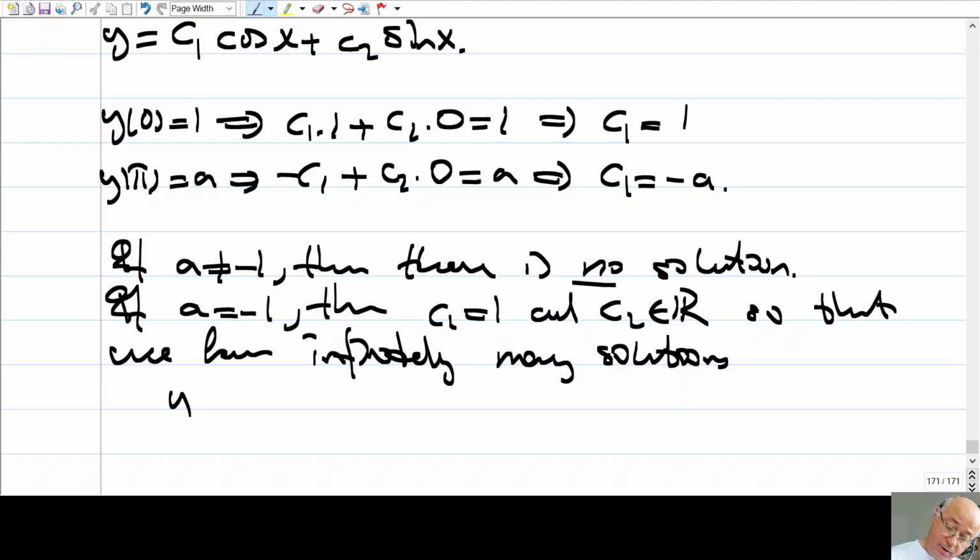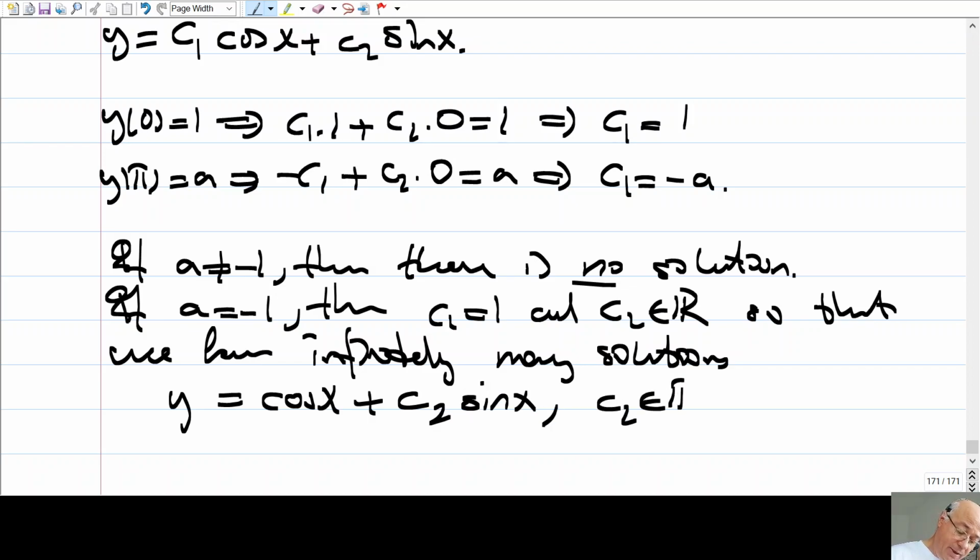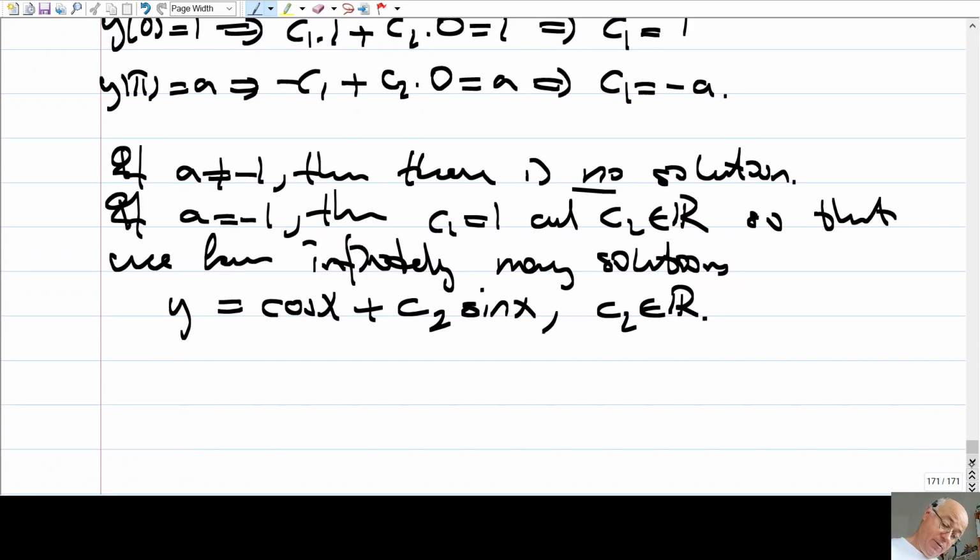Let me write here. y is equal to cosine x plus c2 times sine x. c2 can be anything, okay?